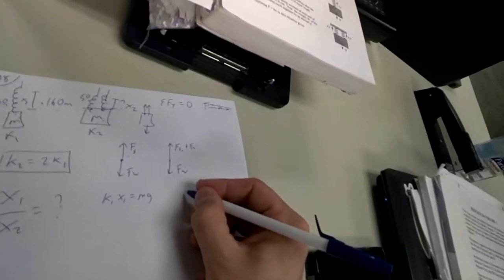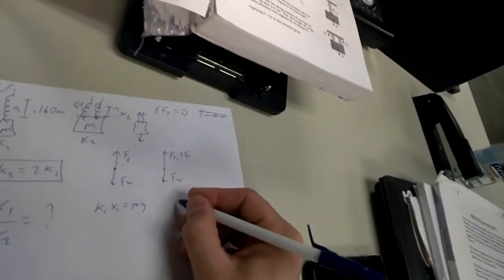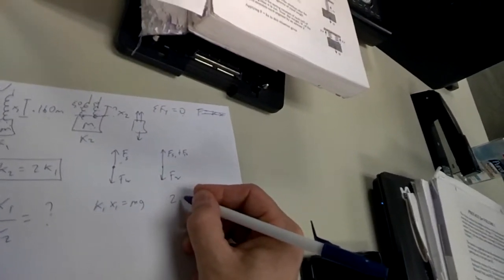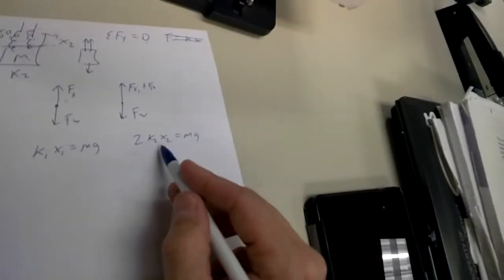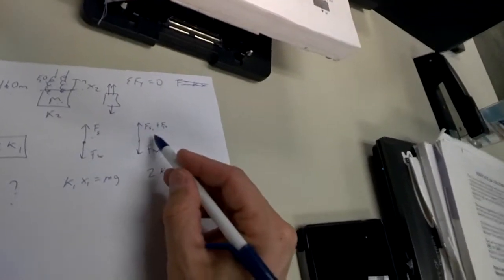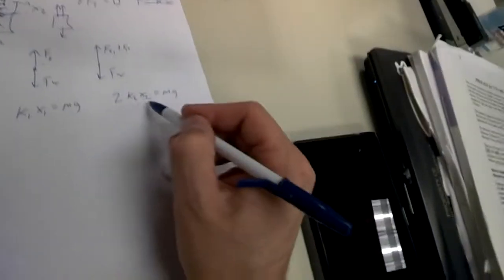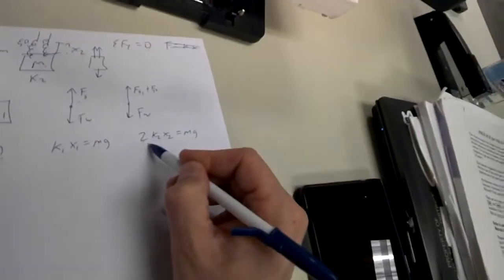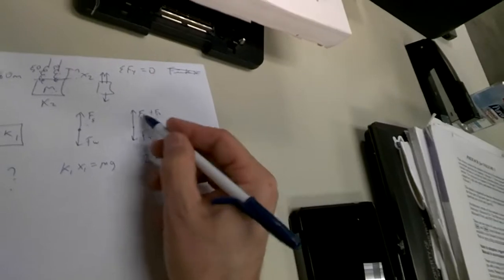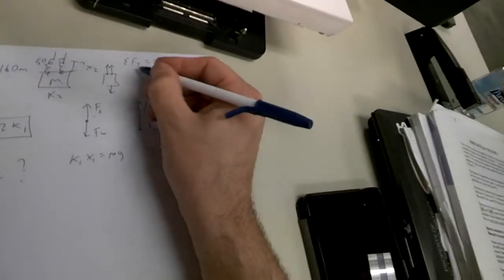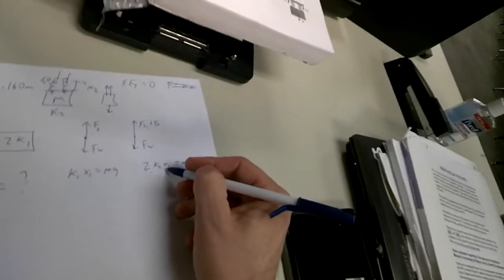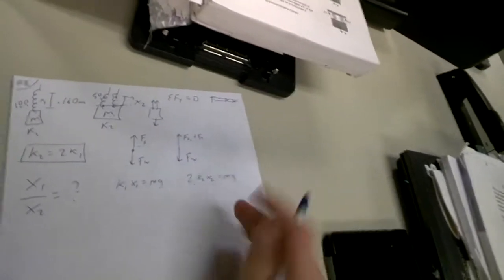And here, same idea, except I have 2 of these, so 2 K2 x2 equals mg. You could also have done K2 x2 plus K2 x2, same difference. So there are those 2 up arrows compared to the 1 down arrow. It's just a summation of forces in the y direction. The force of the 2 springs added together equals the weight going down.